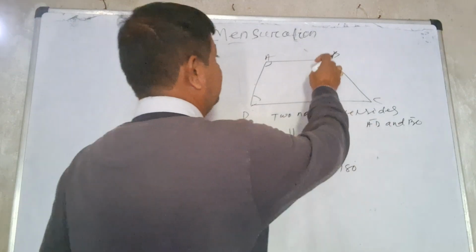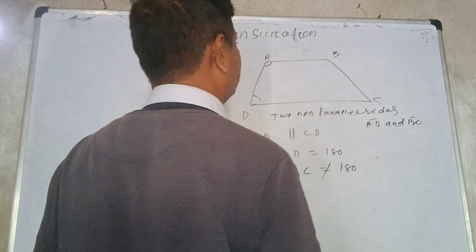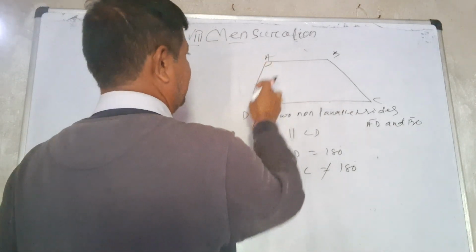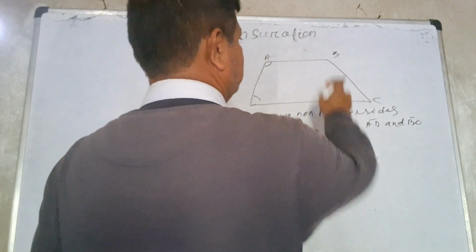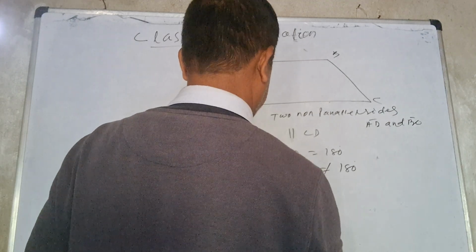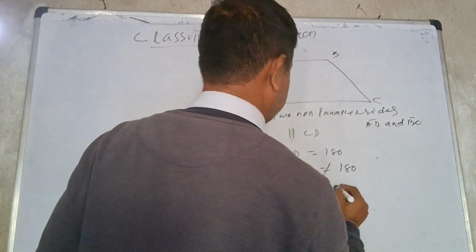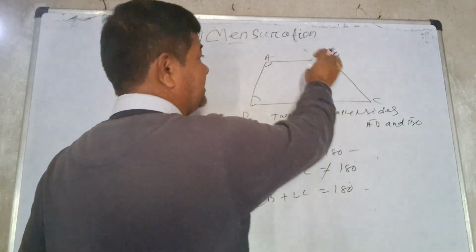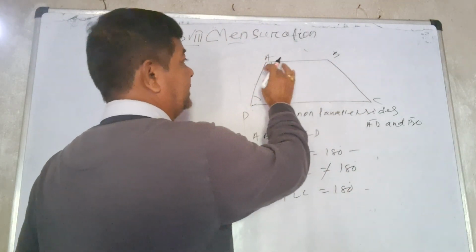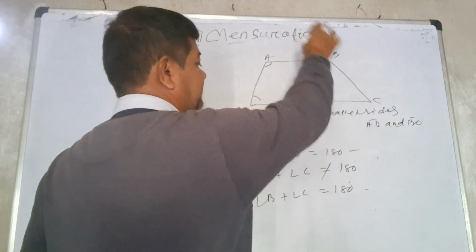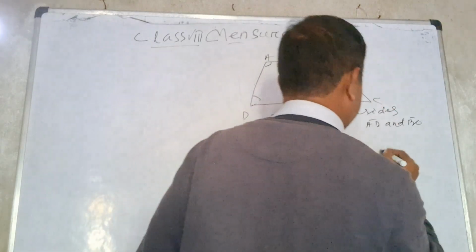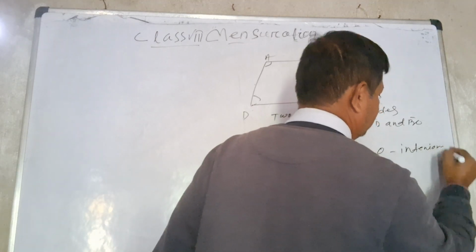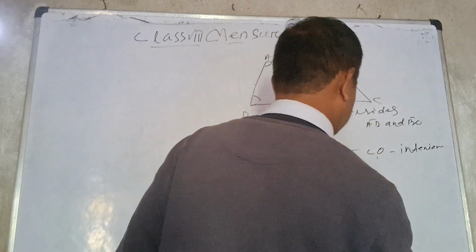But B plus C equals 180, just as A and D is 180. Why? AB is parallel to DC and BC is the transversal, so these are co-interior angles, on the same side of the transversal.